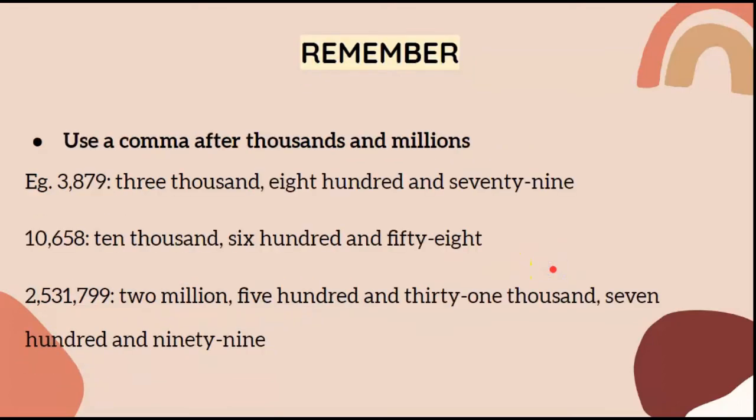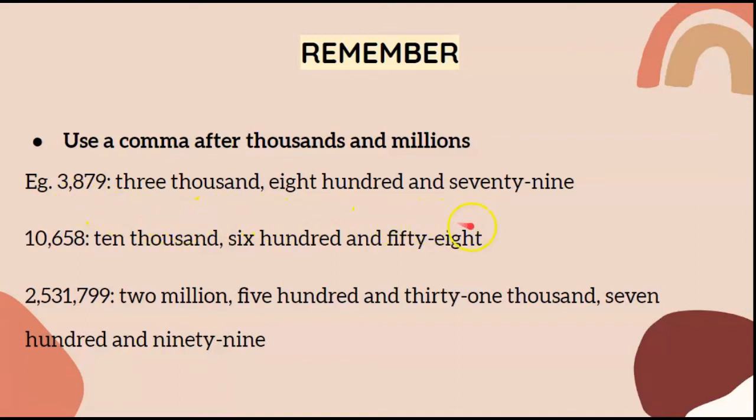We also use commas after thousands and after millions. For example, 3,879. And do you see? When I write the number, I write a comma. I don't use a dot, as we do in Spanish. We write commas to separate thousands and millions.